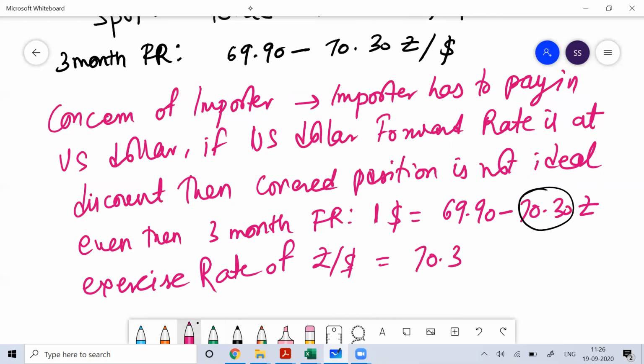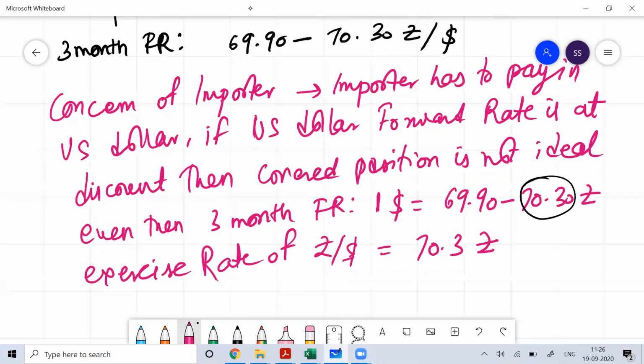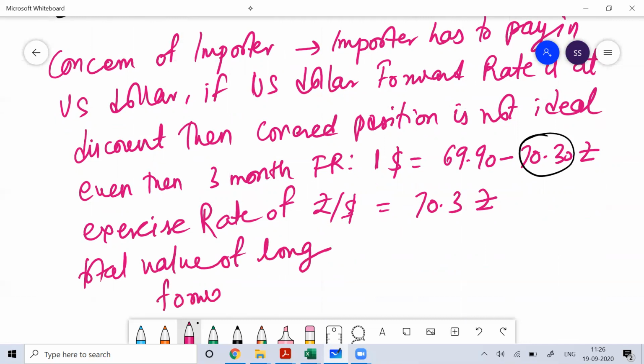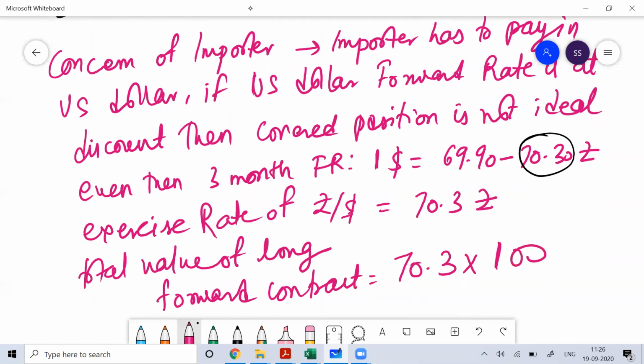That would be 70.3 rupees. So what is the total value of the long forward contract? At 70.3 you will take, and that is for 1 lakh dollars.